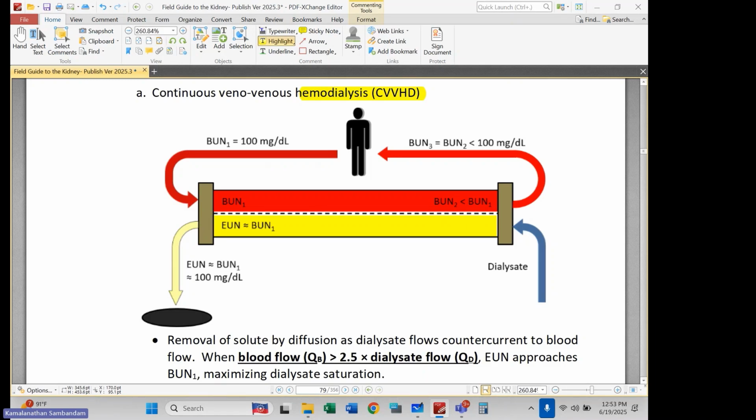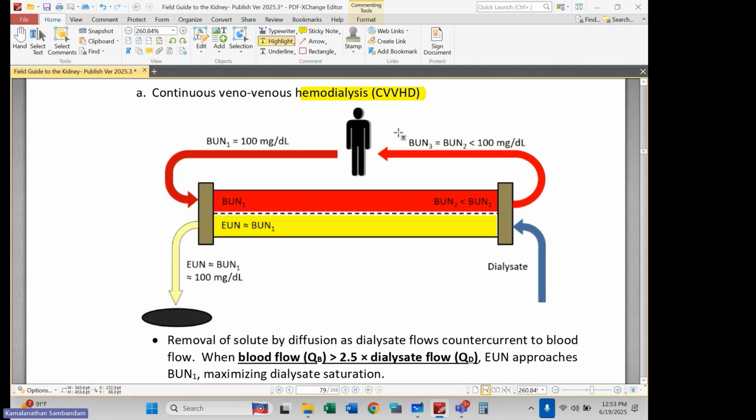All right. Now, in CRRT, the main determinant of clearance is going to be my dialysate flow rate. In this scenario, my blood flow rate is moving quite fast in comparison to my dialysate flow rate.